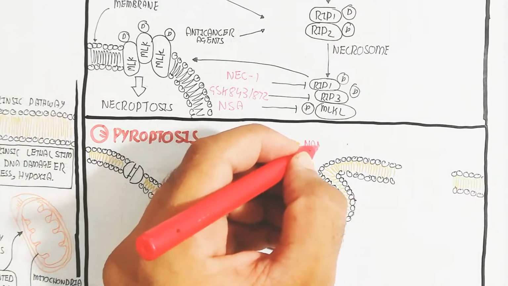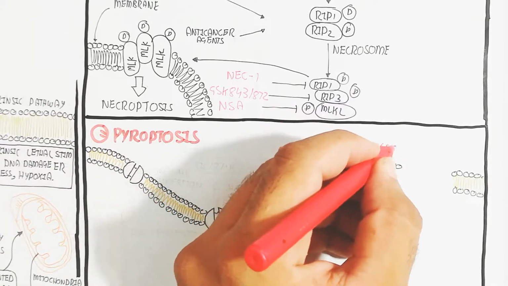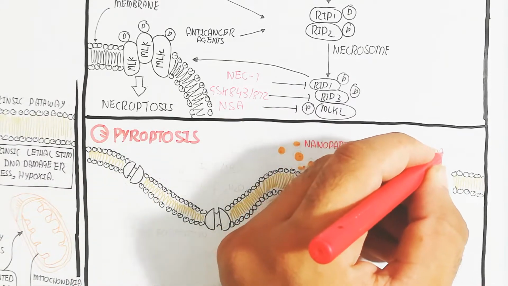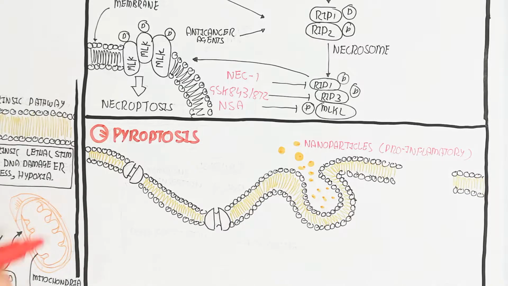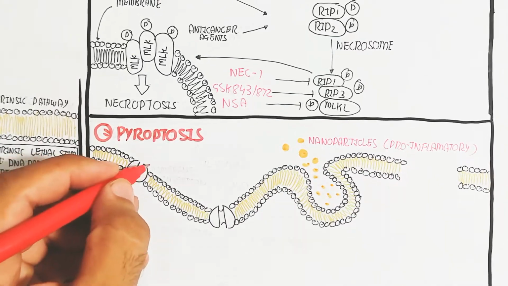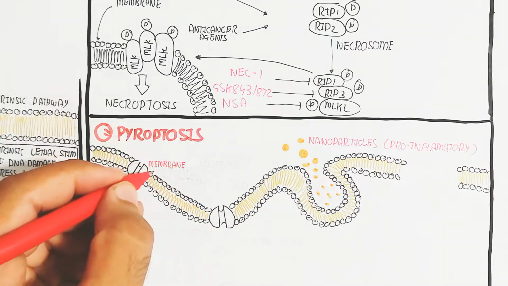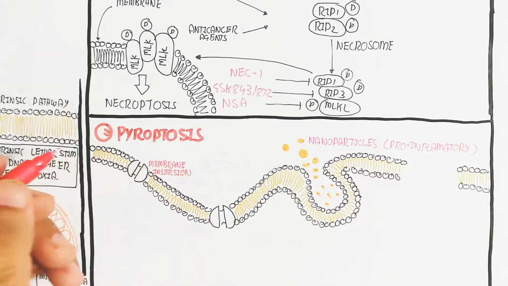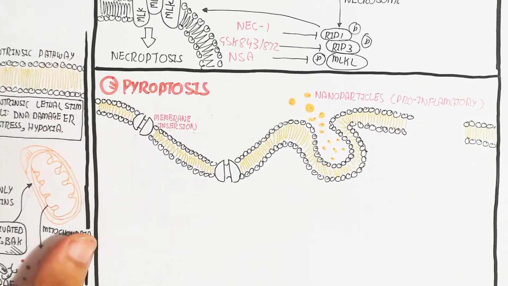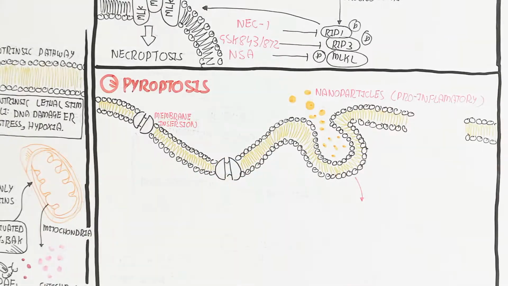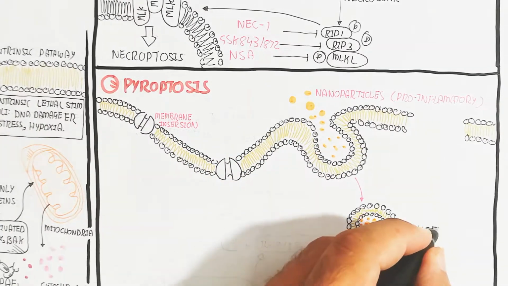While the pyroptosis is different, in this way the nanoparticle, the pro-inflammatory, will be endocytosed after the infolding of the plasma membrane of the cell. After the transfer to lysosome, when this vesicle enters, it is known as the endocytosis, and the transfer to lysosome.